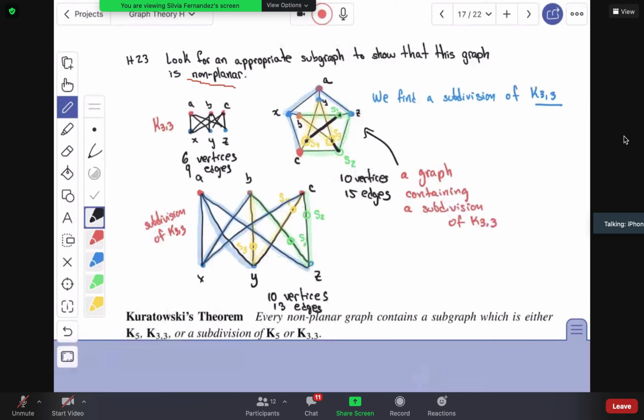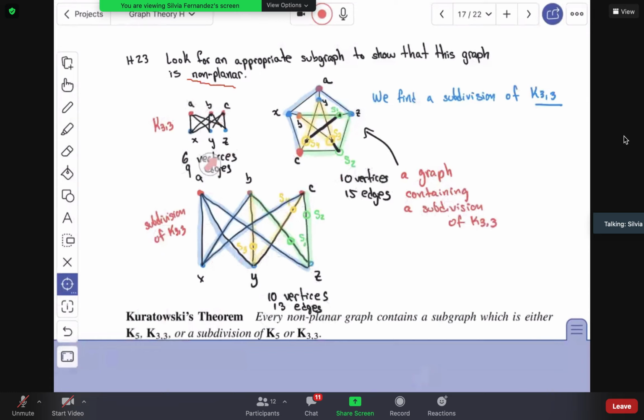My question is, generally the subdivision should be smaller than the original one. Exactly. So we keep going, right? So this is my point. But my question is, if my original one is K33, then the subdivision of K33 will be just itself. It will be fewer vertices and fewer edges. This is my opinion.